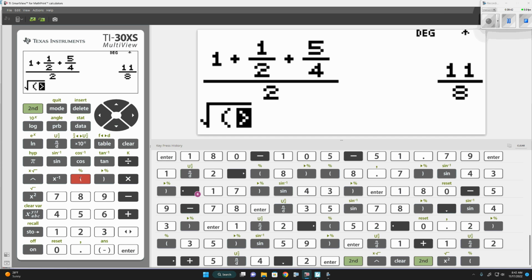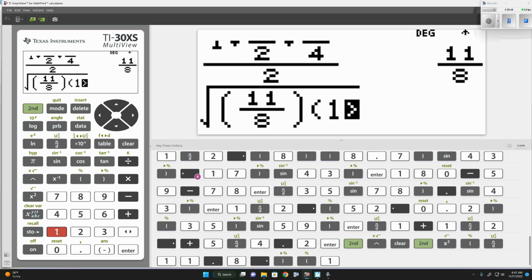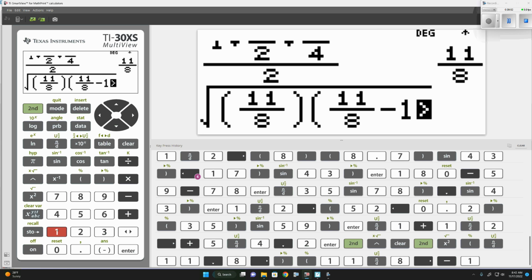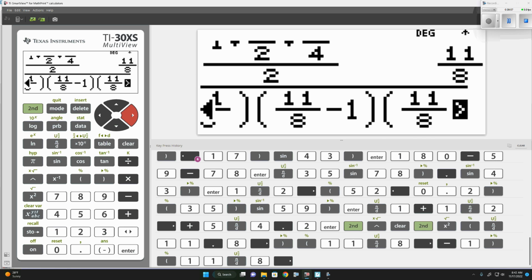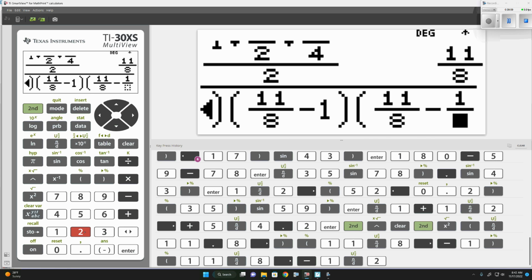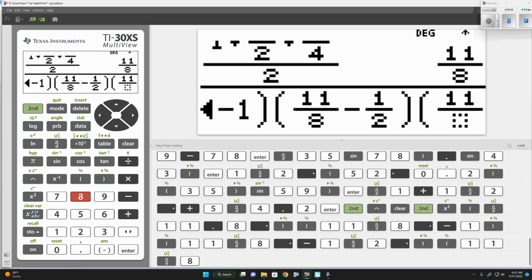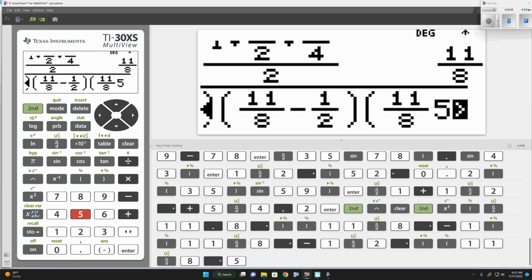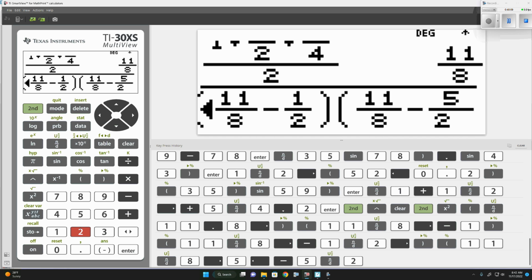The square root of 11/8 times 11/8 minus 1 times 11/8 minus 1/2 times 11/8 minus, what was it, halves or fourths?